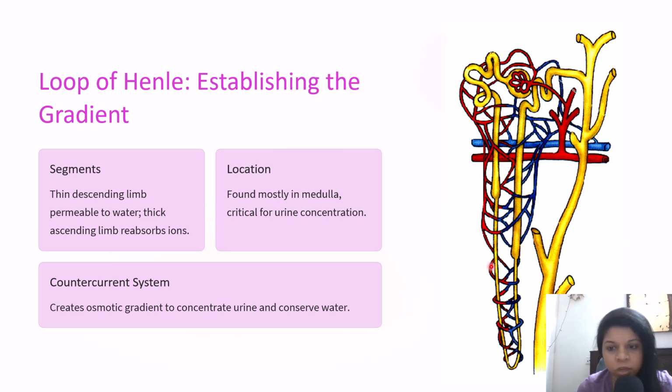Okay, so when water is reabsorbed, the urine gets concentrated. That is why in juxtamedullary nephrons where the loop of Henle is too long, there is more concentration of the urine. Okay. So you will excrete concentrated urine according to the hormones and metabolism present in our body.